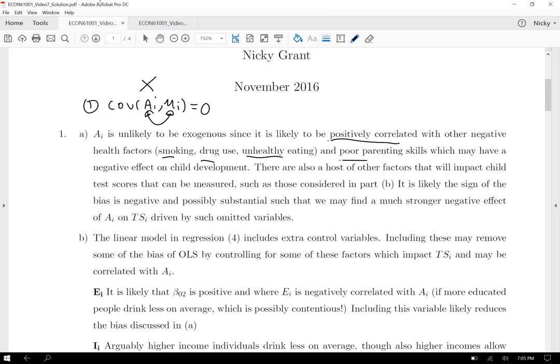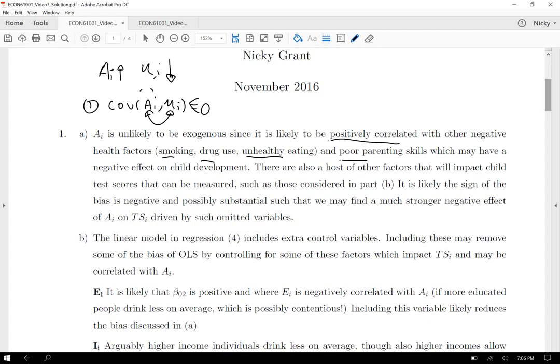Because if alcohol consumption increases during pregnancy, then it's likely that these other factors, they're more likely to be in an unstable environment and more likely to possibly eat unhealthily and so on. This would mean that it has a negative effect on their test scores. These other factors are likely to be lower, which means that the U_i would be smaller. So we'd find a negative correlation between A and U.